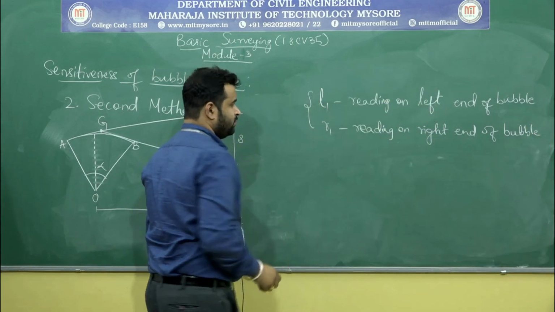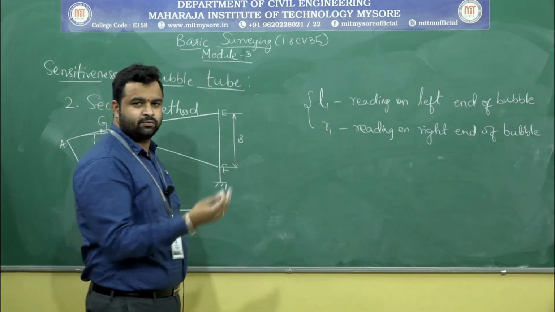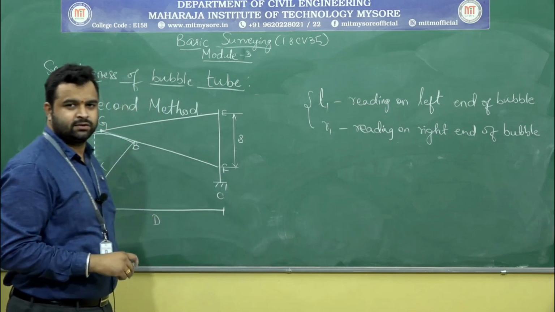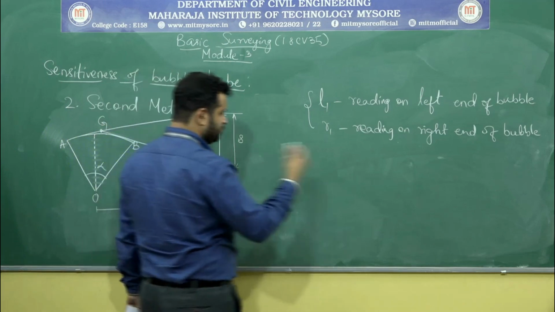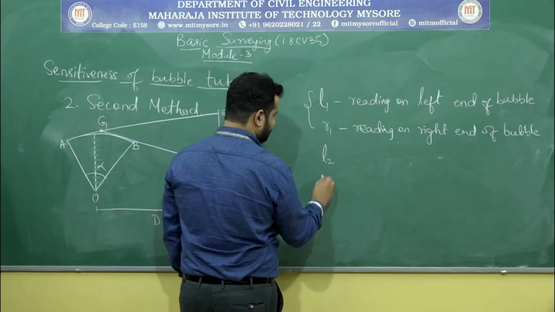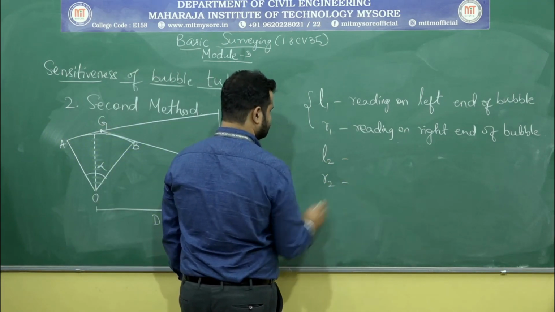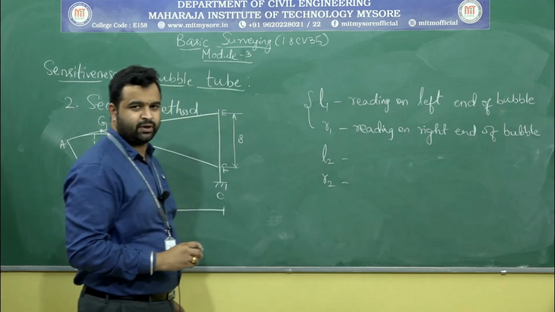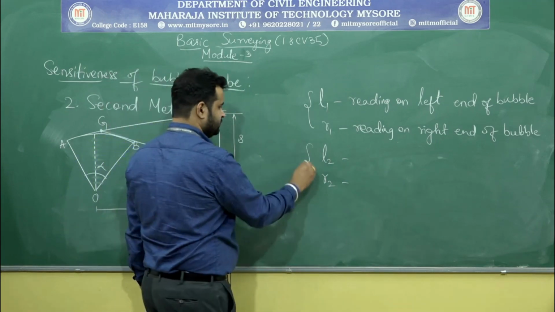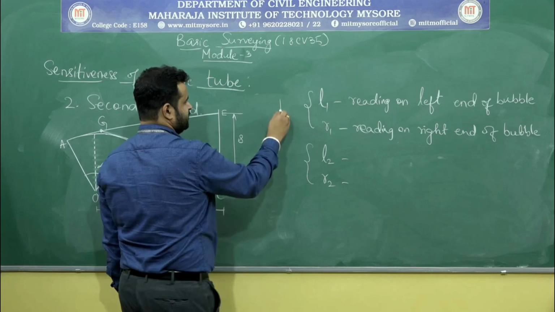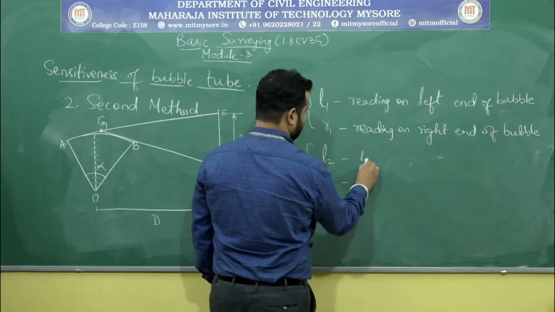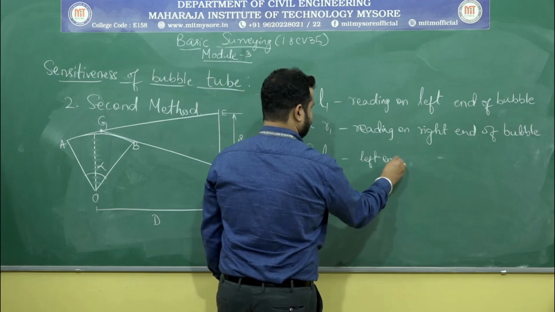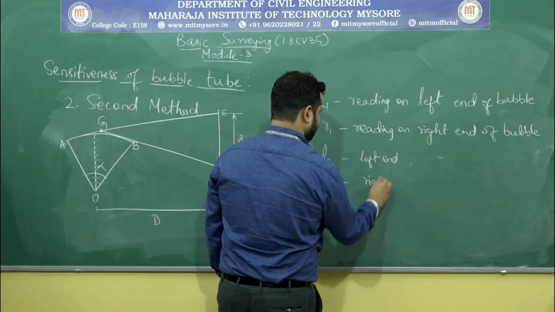So these are one set of readings when you move the bubble to the extreme left division. Similarly, when you move to the extreme right division, the same readings should be taken as L2 and R2. So this is the left end, and this is the right end.